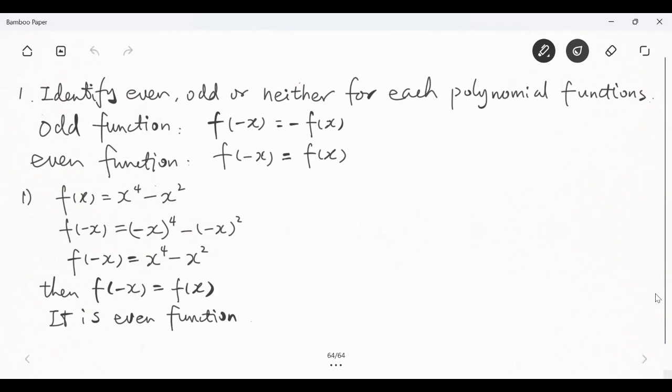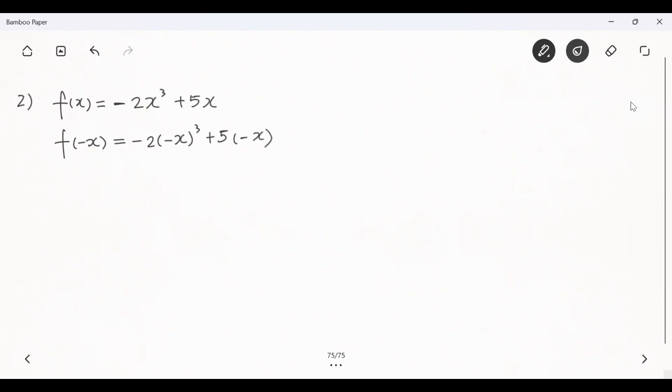That is number 1. Number 2, if f x equal negative 2 times x cubic plus 5x, and we check the negative x. That means substitute the negative x in the x. So the right side of the function is negative 2 times bracket negative x cubic plus 5 times negative x.